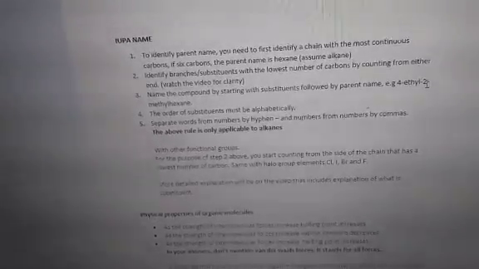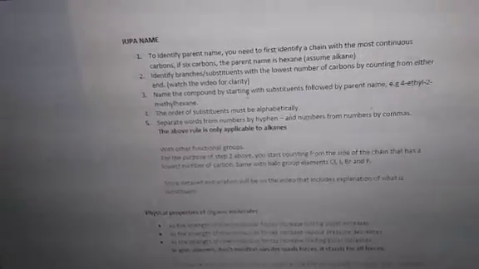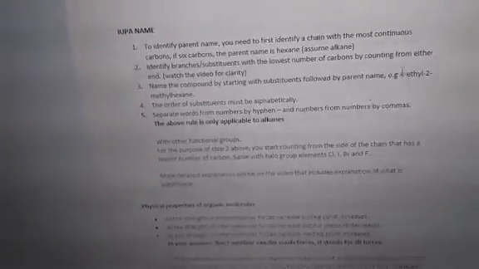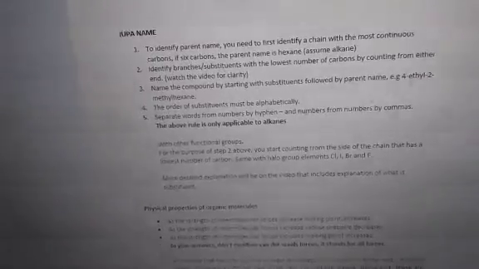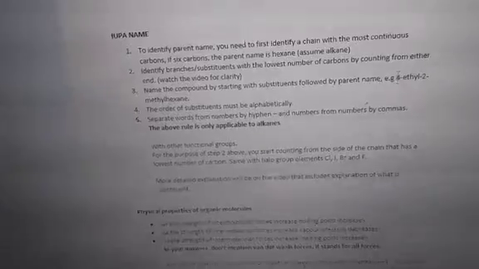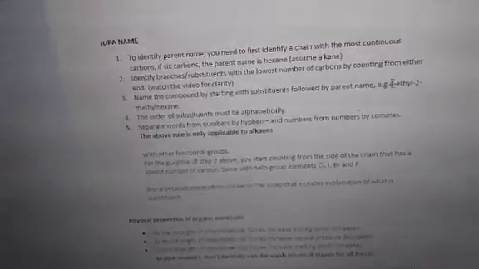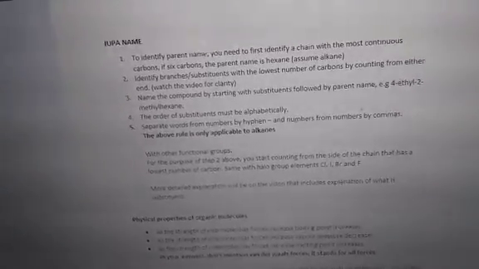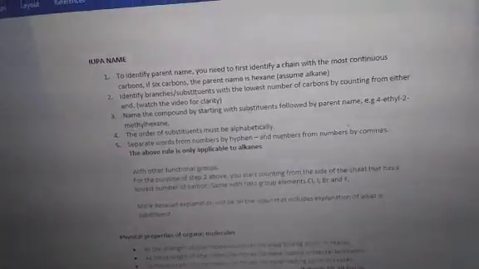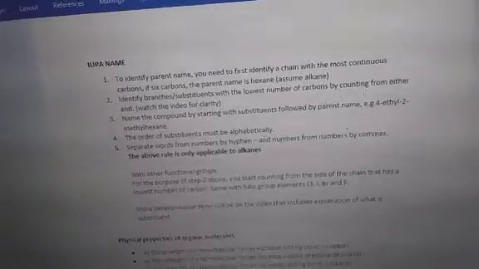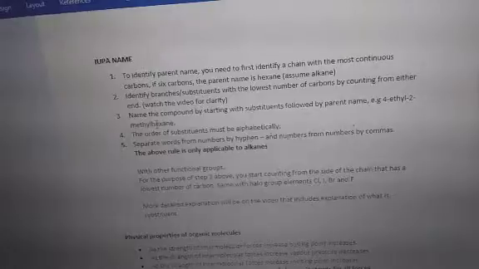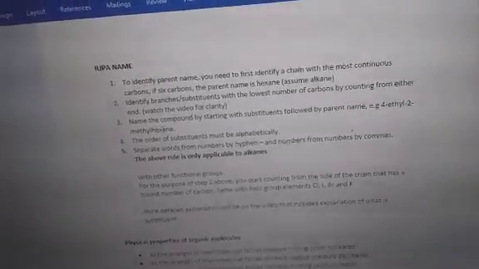For example, it can be 4-ethyl-2-methyl. So this is showing you that ethyl is on the carbon which is number 4 on the chain, and methane being methyl is on the second carbon. Then this is the compound name, which is hexane.